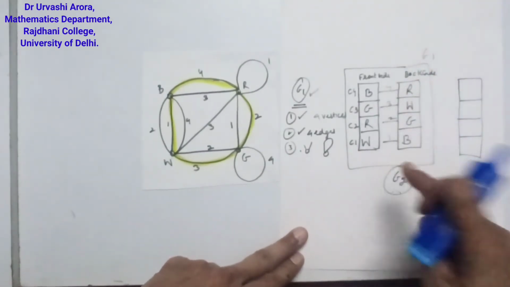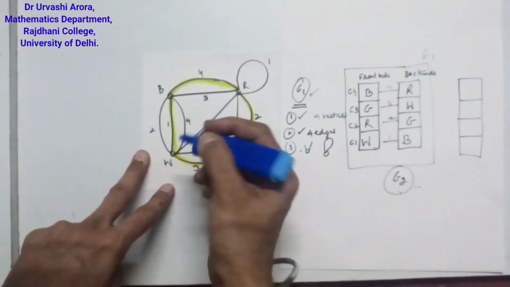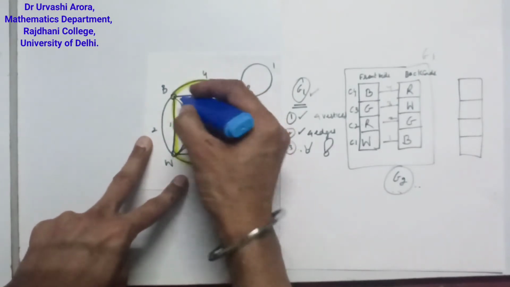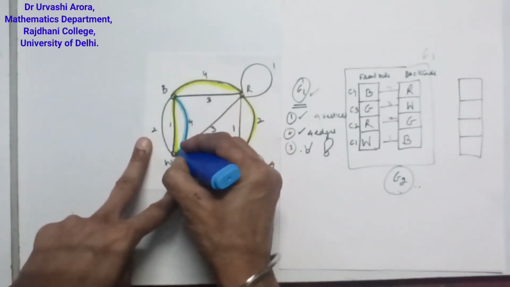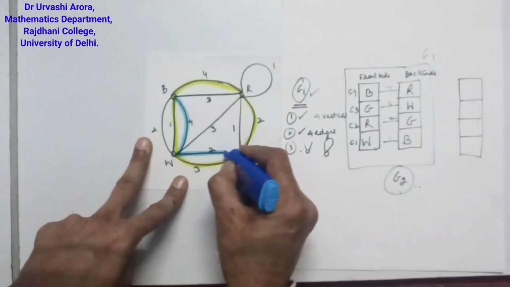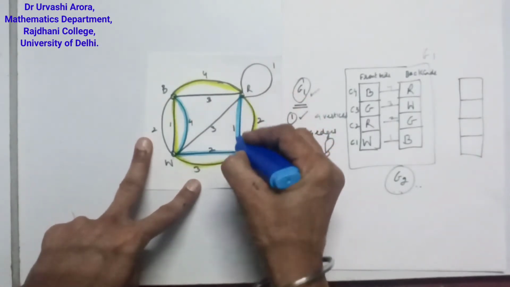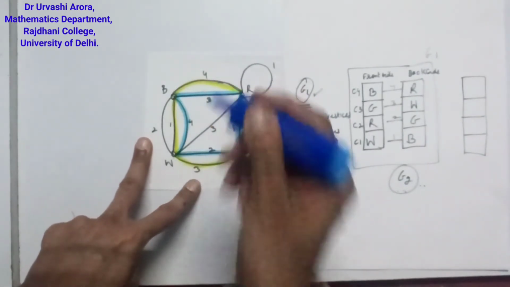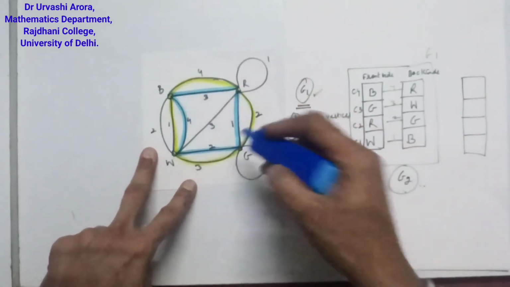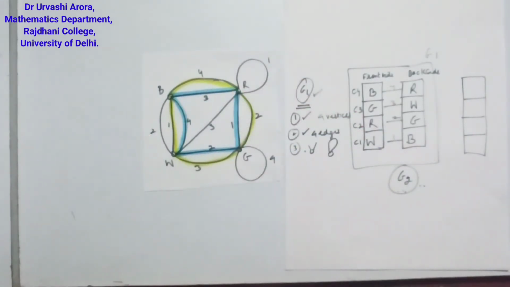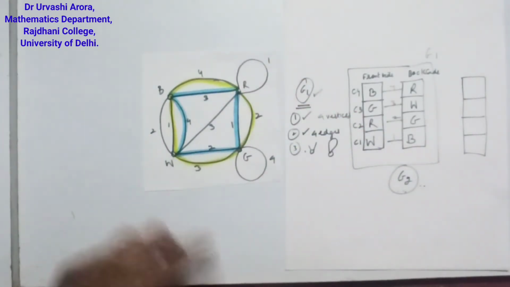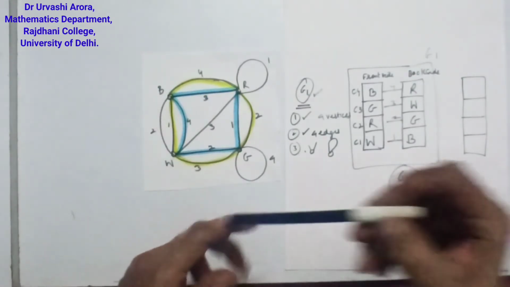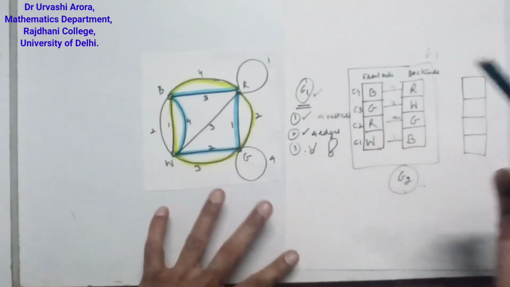So these two should be edge disjoint, which means that one way of constructing the subgraph G2 is this. Let's say this is one way of constructing the subgraph G2. Now these highlighted edges, the edges highlighted in blue, we can see that this particular subgraph satisfies all the three conditions which G1 was satisfying.